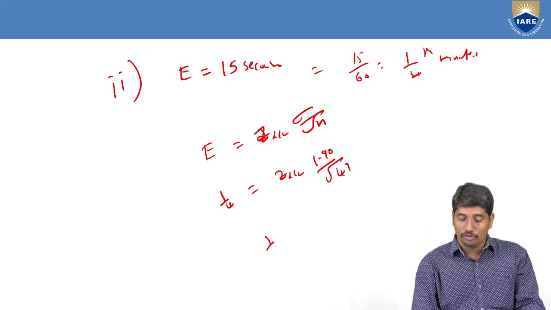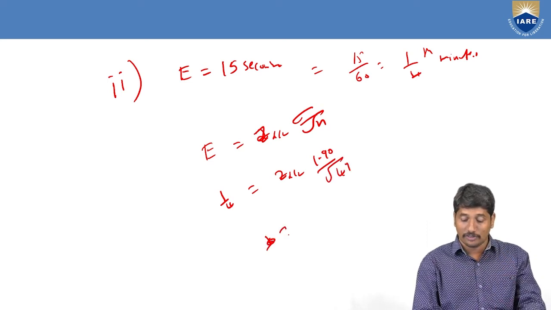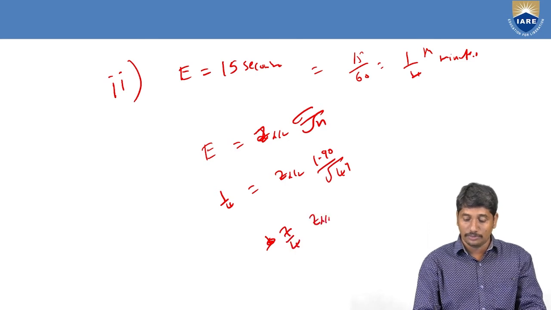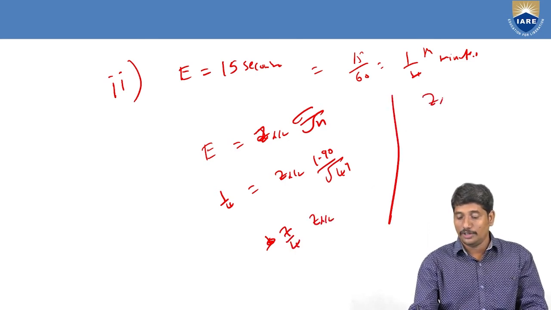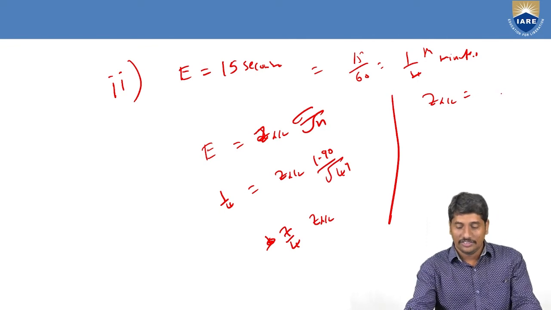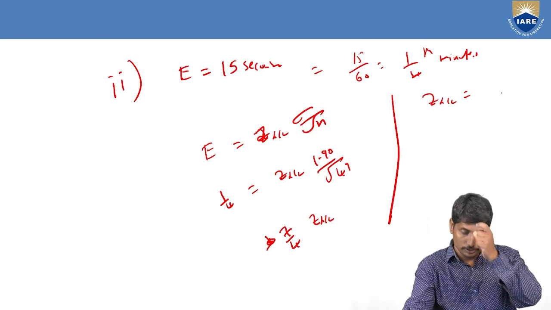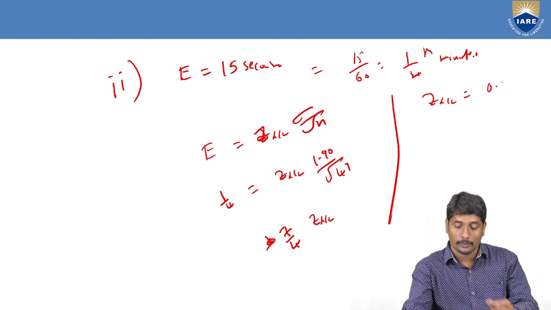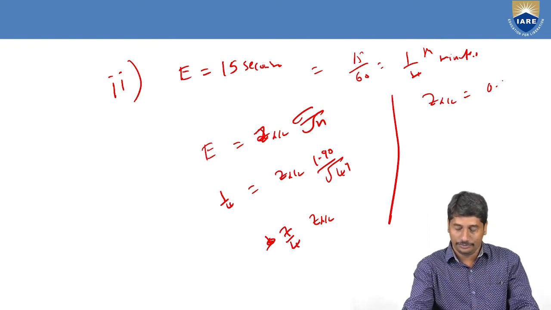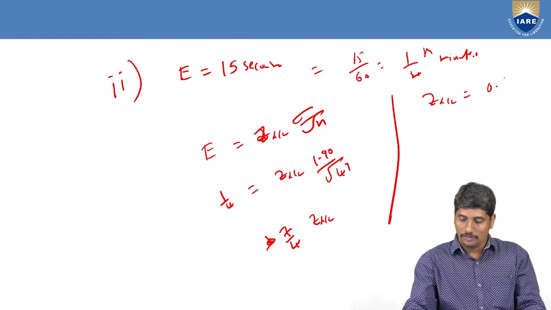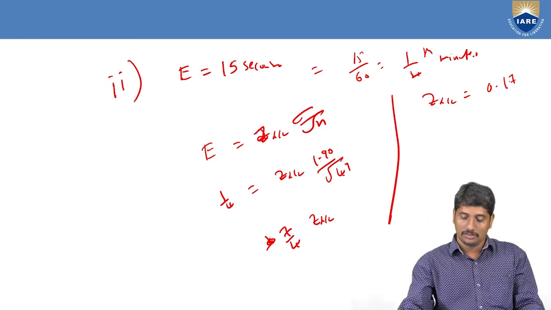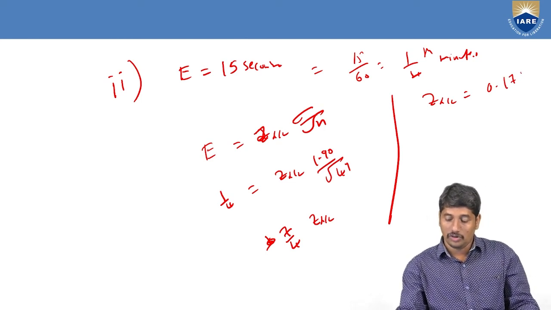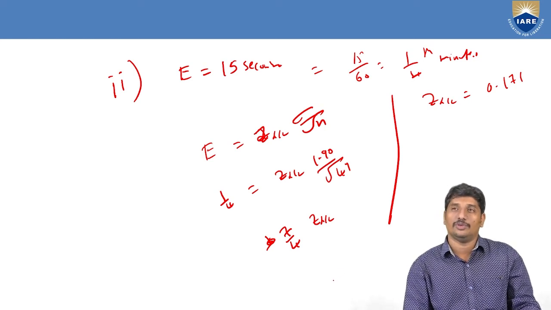So 1 by 4 times root 49, which is 7, so 7 by 4 is equal to Z alpha by 2. So Z alpha by 2 is approximately 0.17.